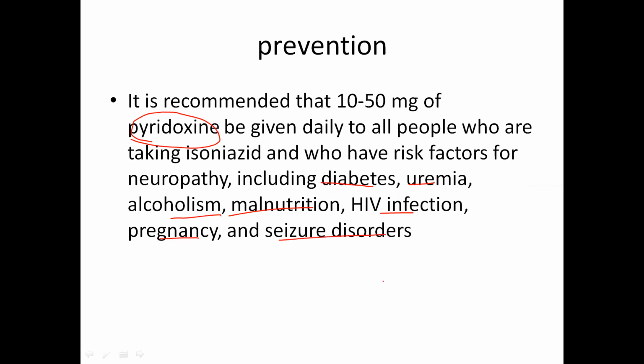And also, if a patient without those risk factors, while taking isoniazid, develops symptoms of peripheral neuropathy, you will supplement pyridoxine as well, especially at a high dose, around 100 milligrams daily.